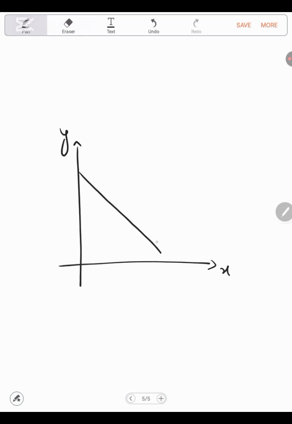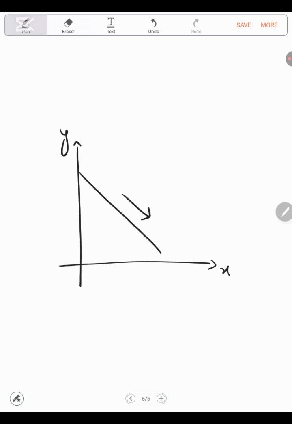And the next thing is, for instance, if you have a line that, as I've told you earlier, is passing like this. Now you can see that this is going downwards.